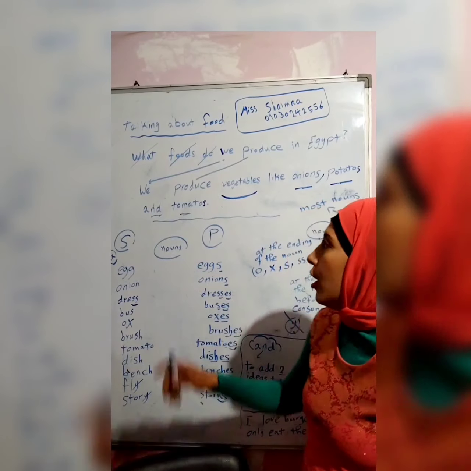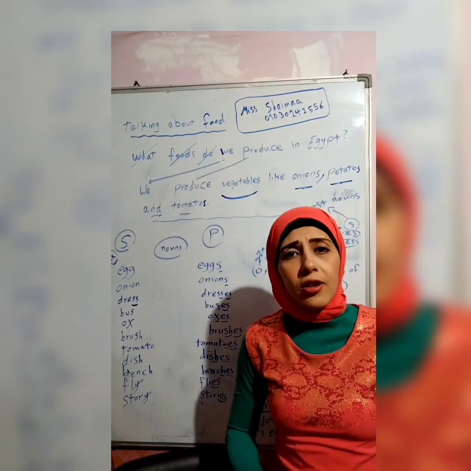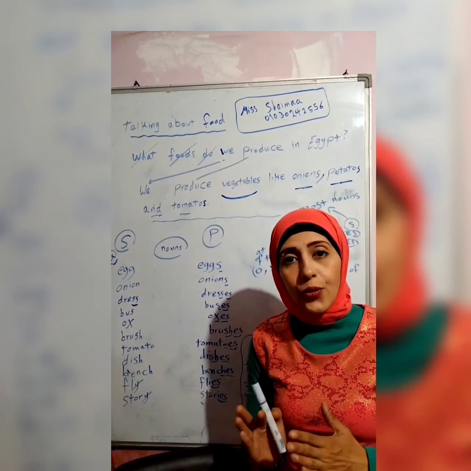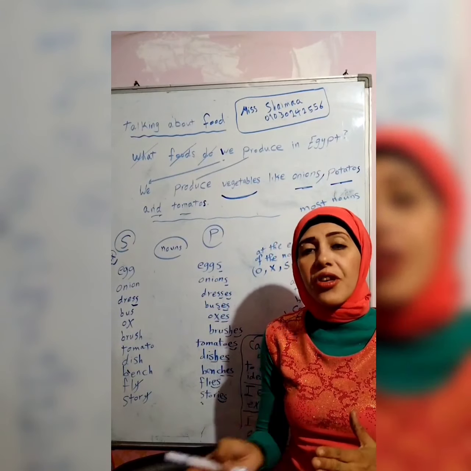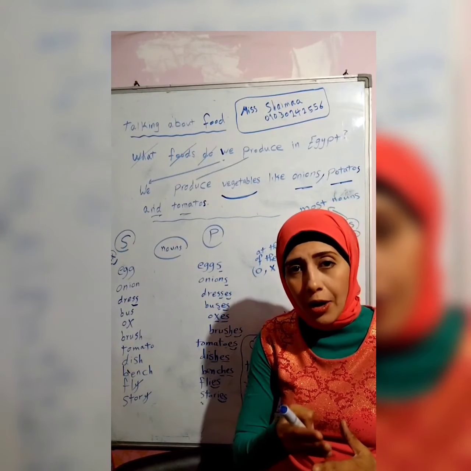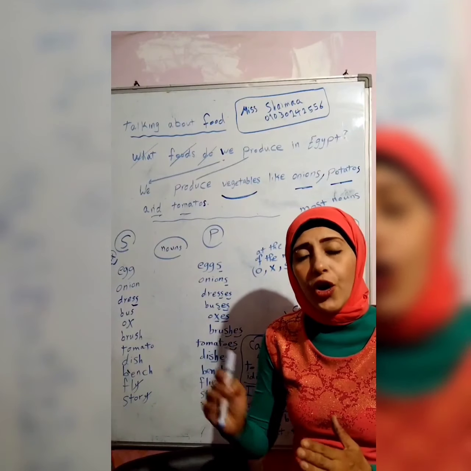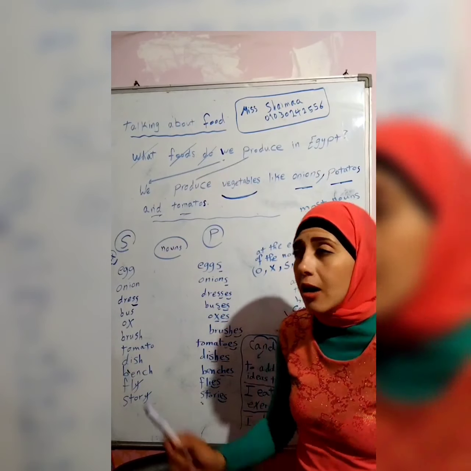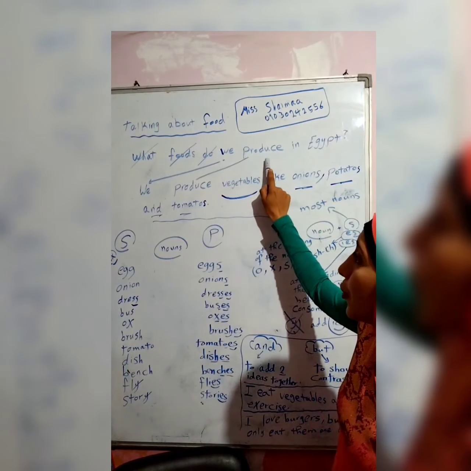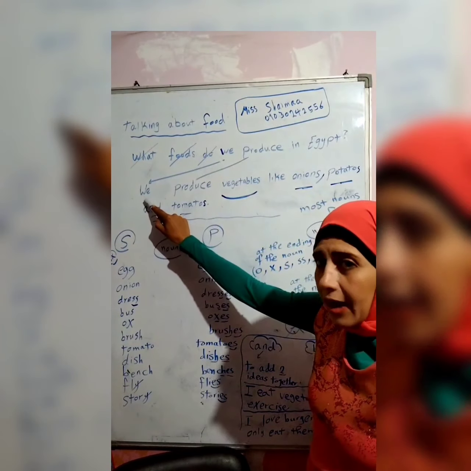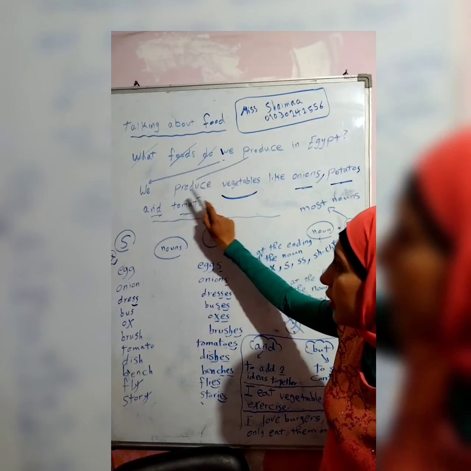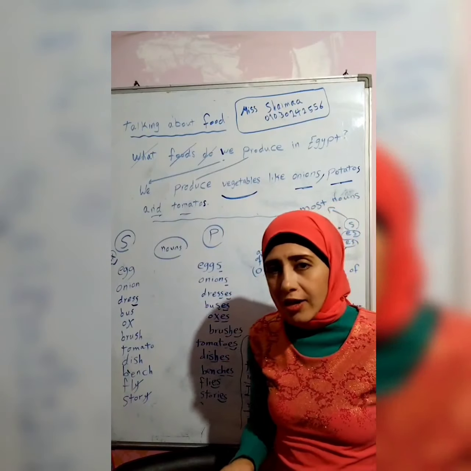After then, put the verb. After the noun or the subject or the pronoun, put the verb. Where is the verb here? Excellent. The verb produce. We, the subject, produce, the verb. We produce what?